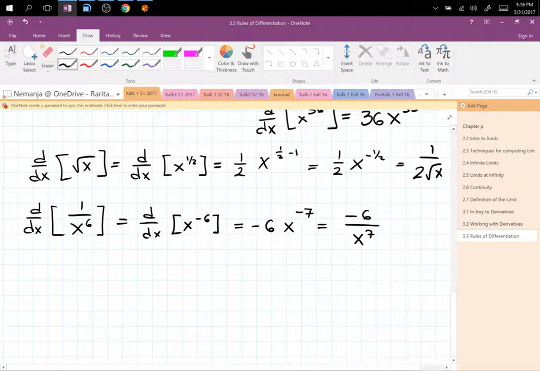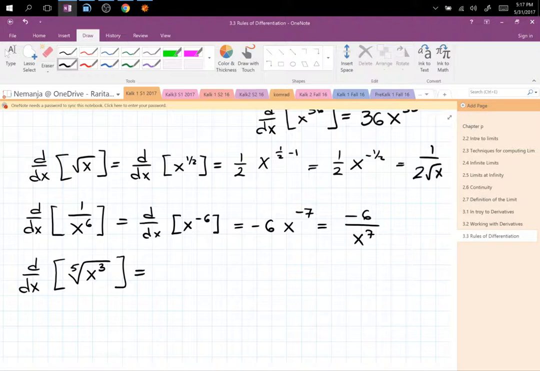Now, we can get fancy, right? Ask for the derivative of 5th root of x cubed. What do you do? X to the 3/5.